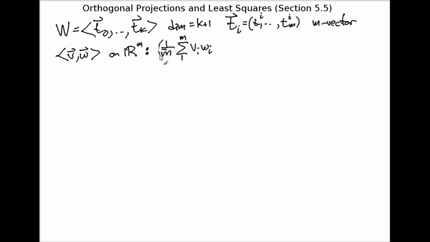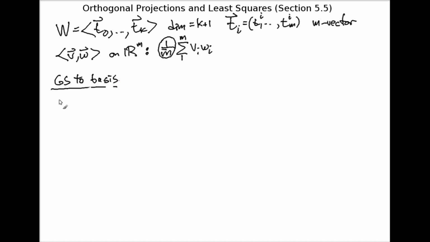So this is just a normalization, this 1 over m. That doesn't really change anything. It doesn't change orthogonality, is the main point. And now the point is, of course, that these T's are not an orthogonal basis. So we have to apply Gram-Schmidt to this basis.